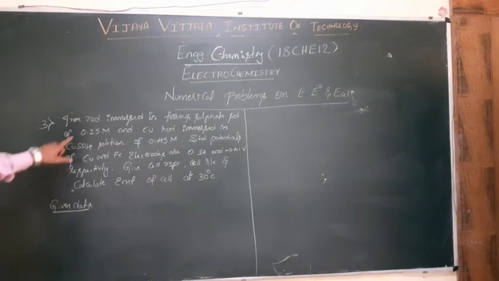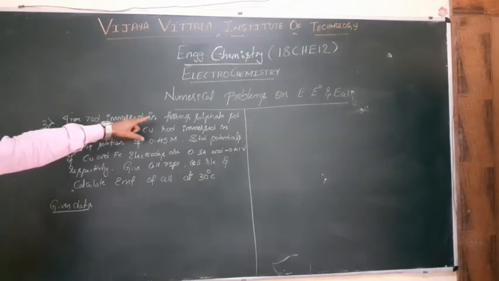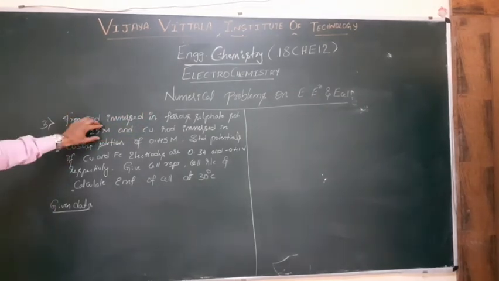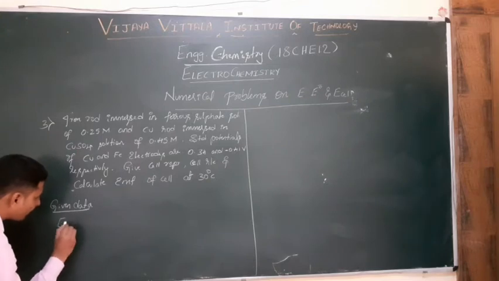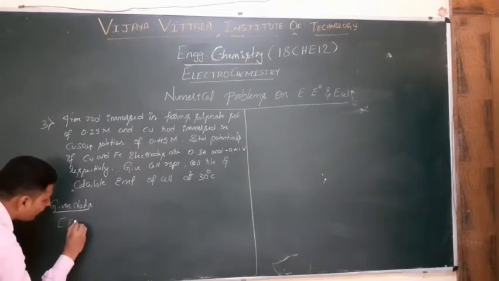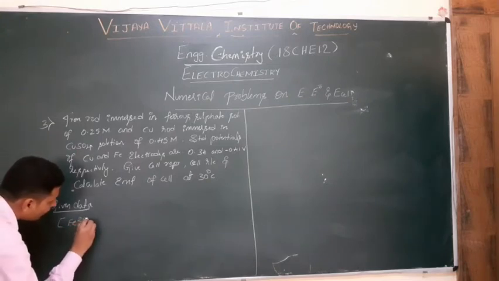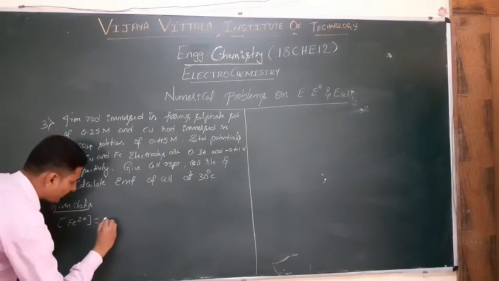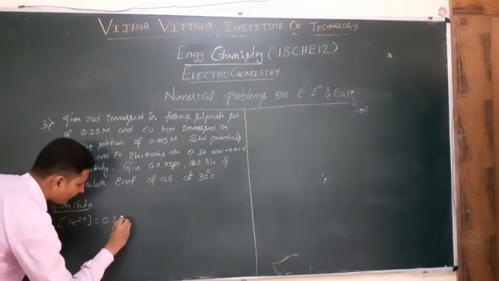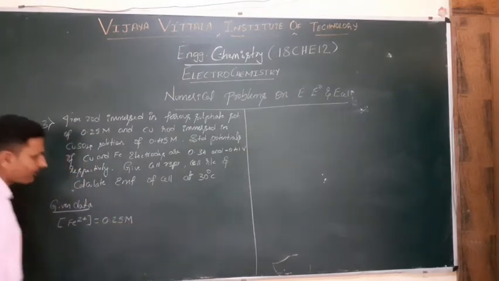Iron rod immersed in FeSO4 solution, that means the molar concentration of Fe2 plus ions is given. The molar concentration of FeSO4, or you can write Fe2 plus ionic concentration, is 0.25 mole.